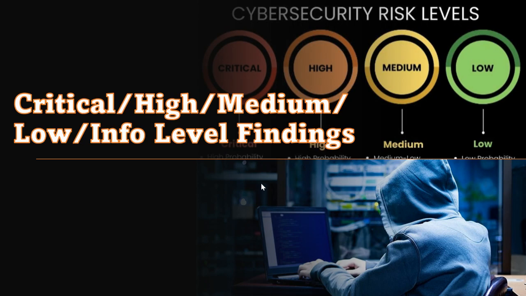Now, let's say we have found critical, high, medium, or low level findings, and one must include some important elements when reporting a vulnerability. Let's say I found a cross-site scripting vulnerability in a web interface, or a SQL injection vulnerability on a database.